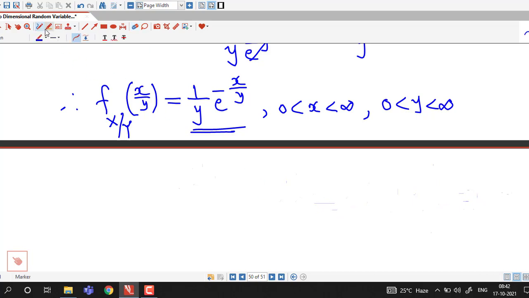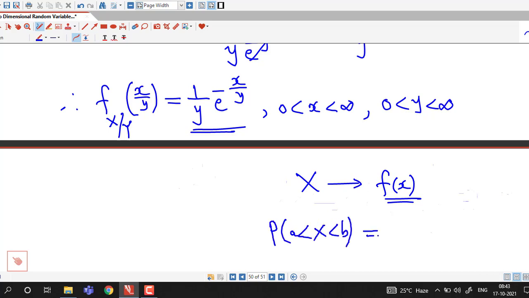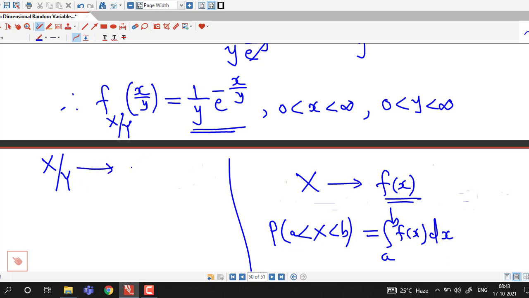Suppose we know that if random variable x is continuous and f x is the probability density function of random variable x, then the probability that x lies between a and b is given by the integral of the density function from a to b. So here also we have the same case. Instead of random variable x, we have the conditional random variable x given y, and this is its probability density function.